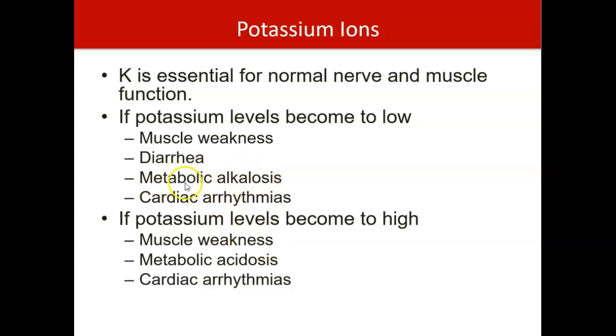I don't want to get in-depth into what metabolic and respiratory acidosis and alkalosis are, but think about your blood's pH. Everybody hopefully remembers the pH scale. Normal pH, the middle of the pH scale, is usually 7. Then you have your lower numbers down here.